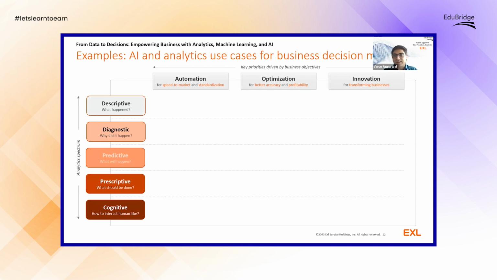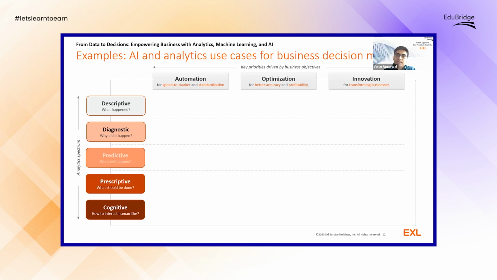Then third, and it's very, I think, self-explanatory, but still we need to understand why businesses need to focus on innovation as well. If they keep on doing the same thing again and again, or keep on just sticking to the legacy systems, they will not be able to make any transformational change in their business, right? They may remain profitable, but they may not move from, say, X to 10X.